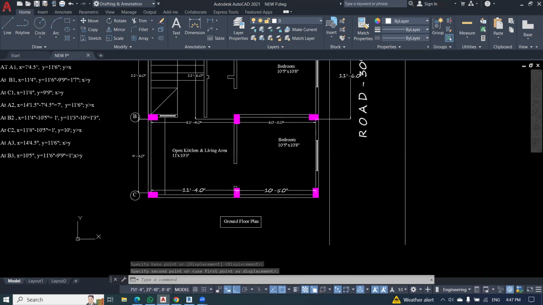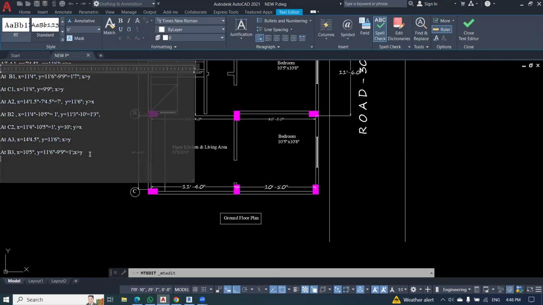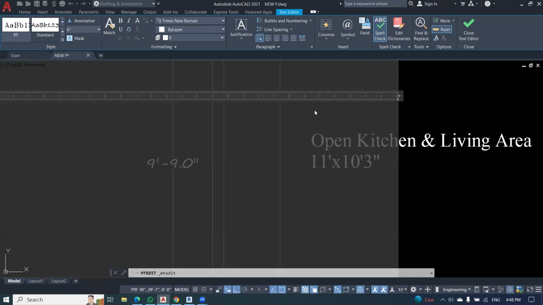Okay. Now at C3. How much is the x distance? 10 feet. 10 feet 5 inches. How much is the y distance? 9 feet 9 inches. Y distance is 9 feet 9 inches. यहाँ पे check कर ले सकते हैं आप.